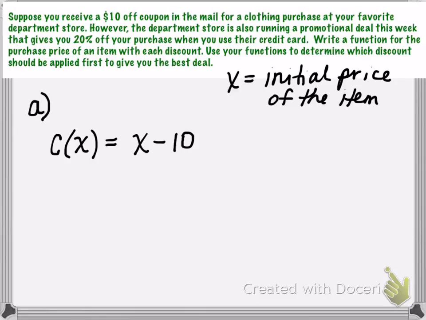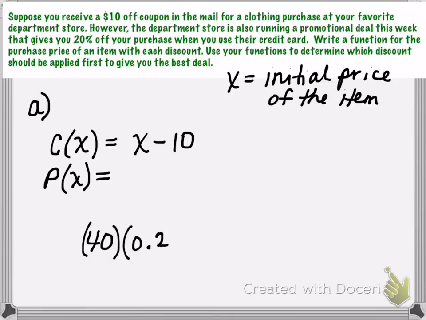Then the second deal is if we use the 20% off when we use the credit card. So I'm just going to call that P for percentage. So what does the function look like if we apply the 20% off? Again, maybe it'll help you to do numbers first. Say you bought a $40 item, but it's 20% off. So 20% of $40, so you would multiply by 20%.